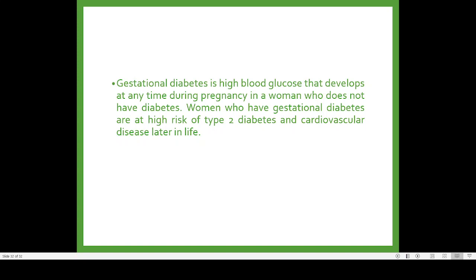Normally this diabetes disappears after the delivery or childbirth. But the problem is that if a woman develops gestational diabetes during pregnancy, she has a higher chance of developing type 2 diabetes later in her life. So that is the third type of diabetes.